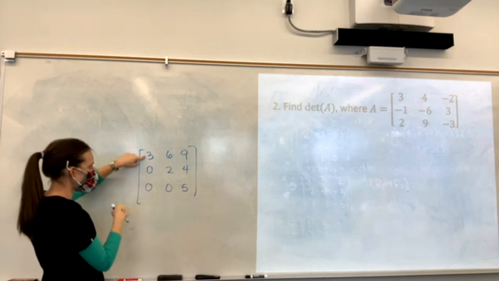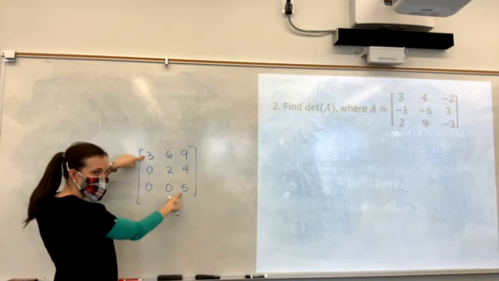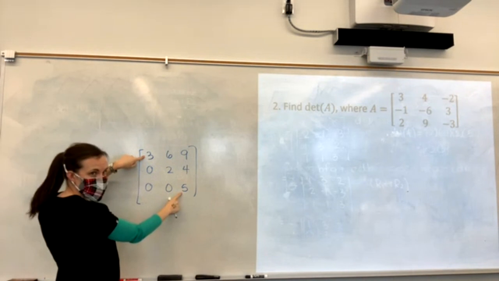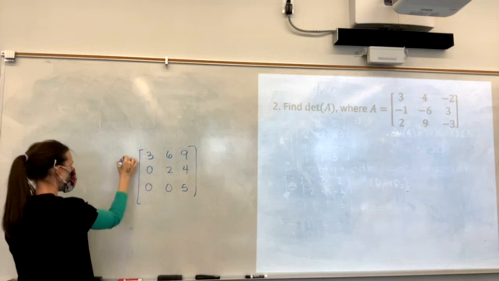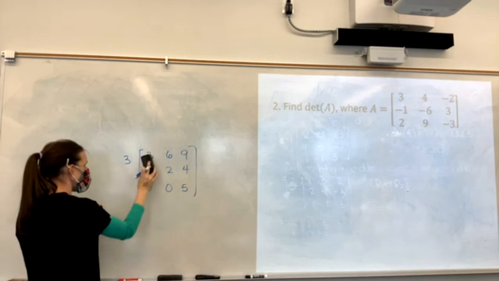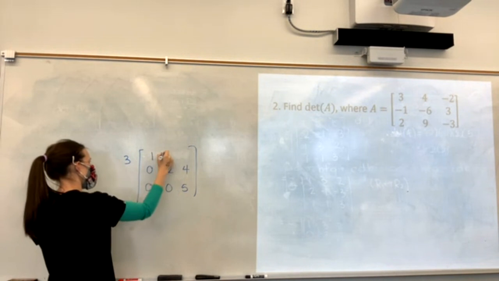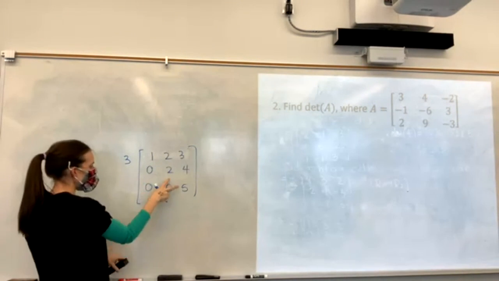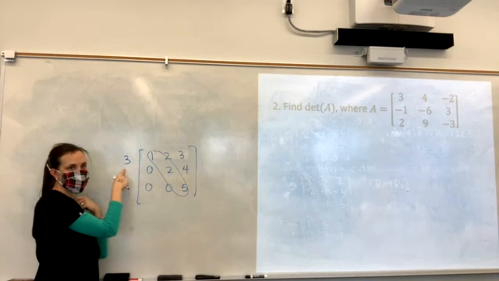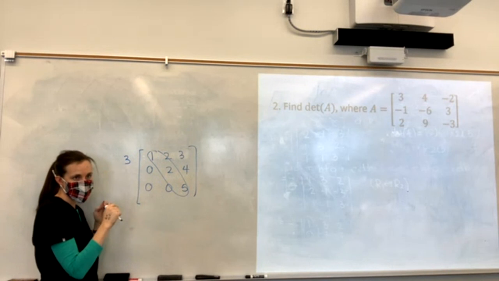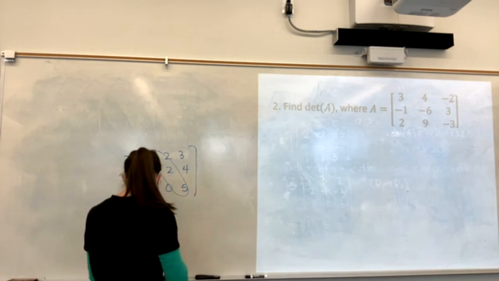If you take the determinant of this matrix, you would get 3 times 2 times 5, so 30. If you think about factoring it out, you can pull that 3 out. That would give me 1, 2, 3. So now from my diagonal, I get the 10, but then there would be the 3 to make the whole thing 30 again. Does that make sense? Yeah, that makes sense. Thank you. You're welcome.